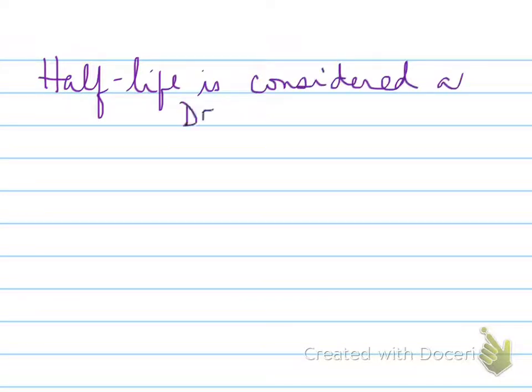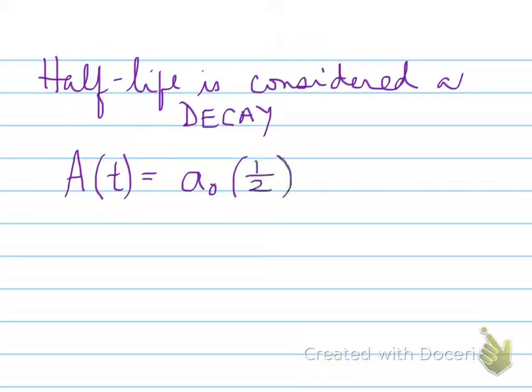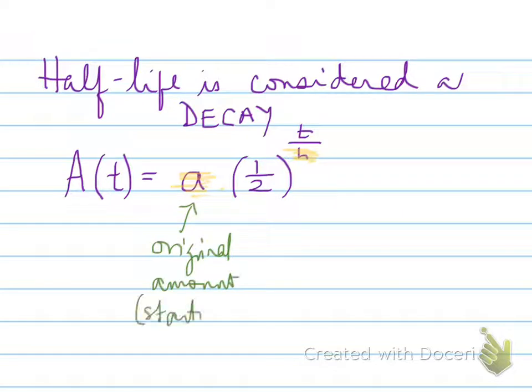All right. Now, half-life is considered a decay. And half-life is, again, the same as the last one, but here we have a half as the base. So there is the half-life. A, again, stands for the original amount. It's the starting value.